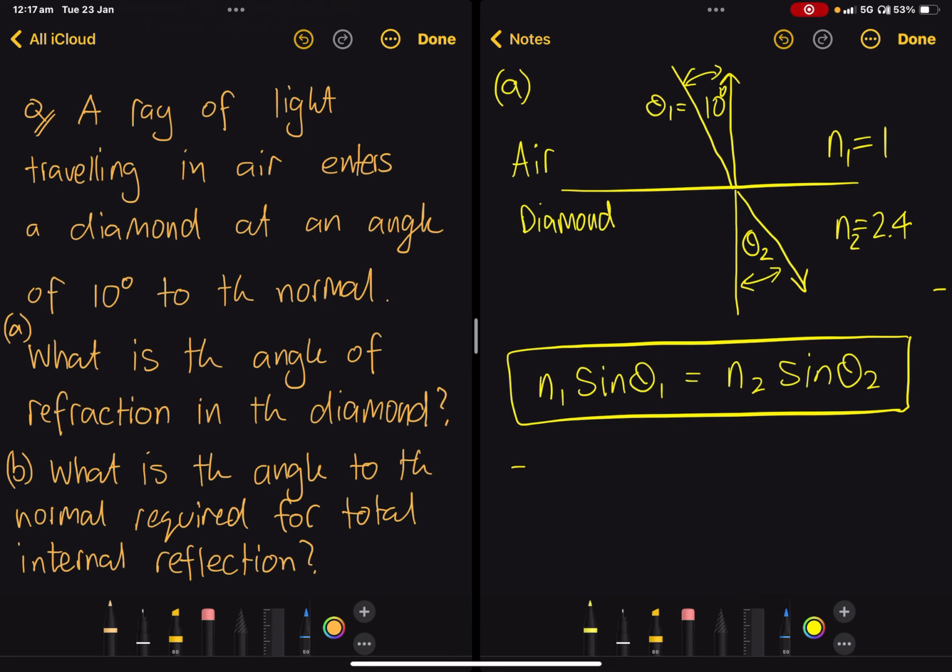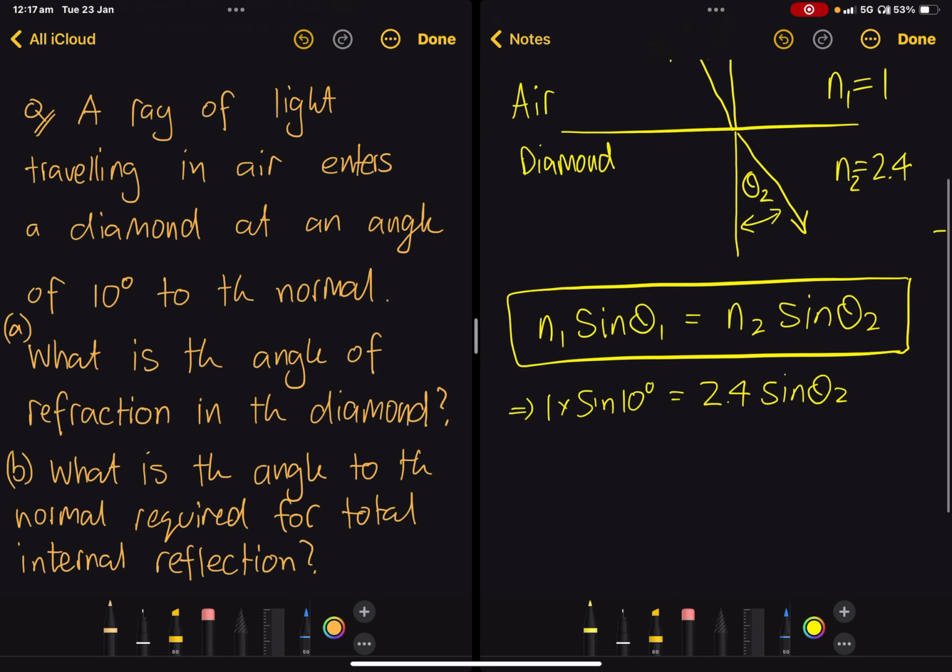So let's plug everything in. We get 1 times sine of 10 degrees is equal to 2.4 times sine of theta 2. The question asks, what is the angle of refraction in the diamond? Well, this is theta 2, so we're just trying to find theta 2 here.